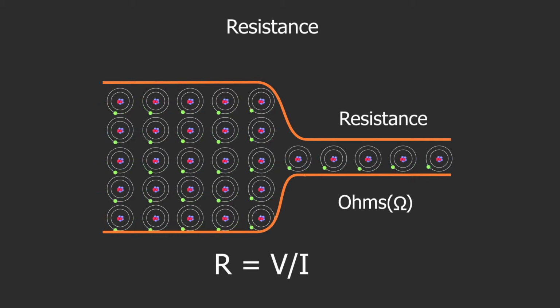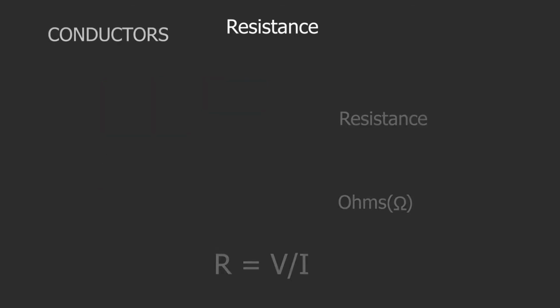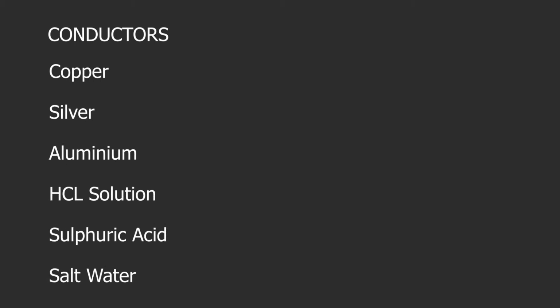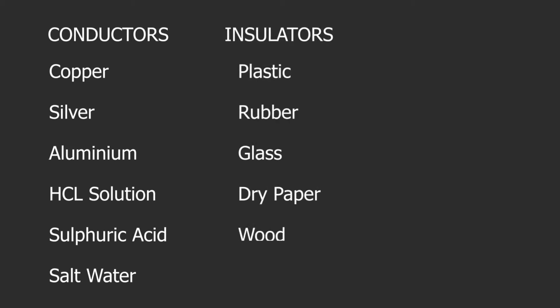All materials are different in allowing electrons to flow. Materials that allow many electrons to flow freely are called conductors, such as copper, silver, aluminum, hydrochloric solution, sulfuric acid and salt water. In contrast, materials which allow few electrons to flow are called insulators, such as plastic, rubber, glass, dry paper and wood.